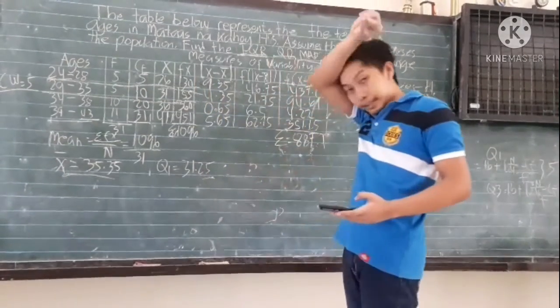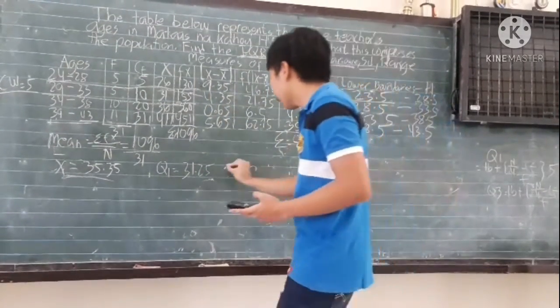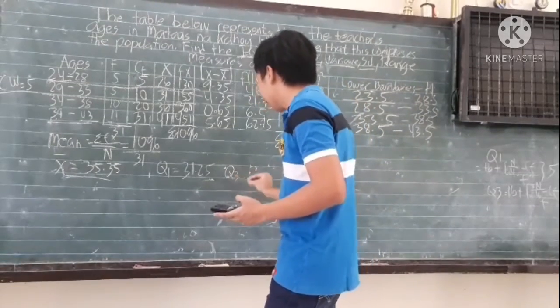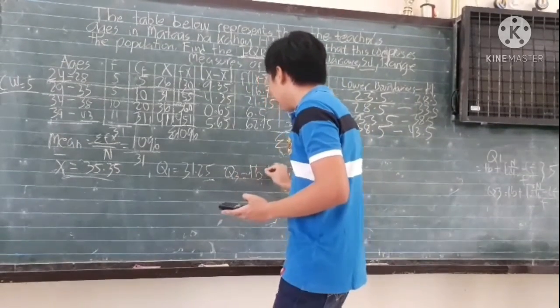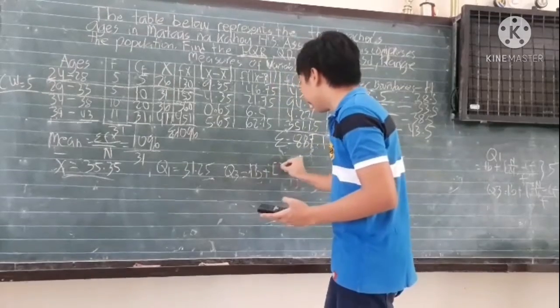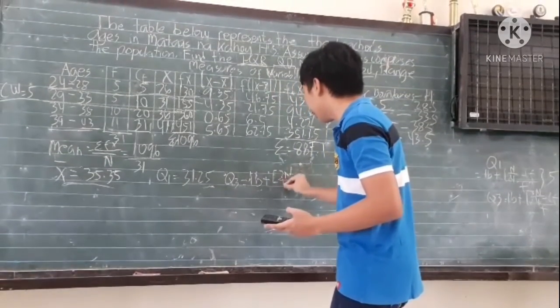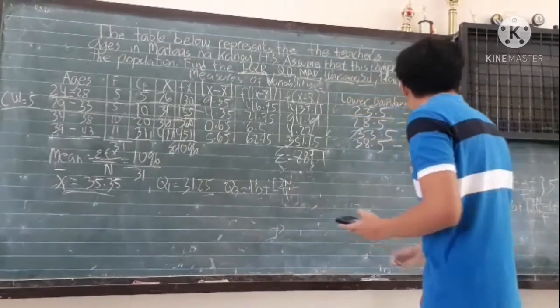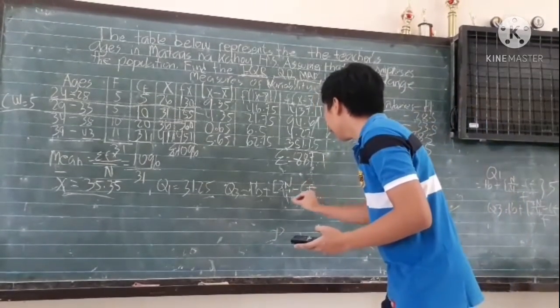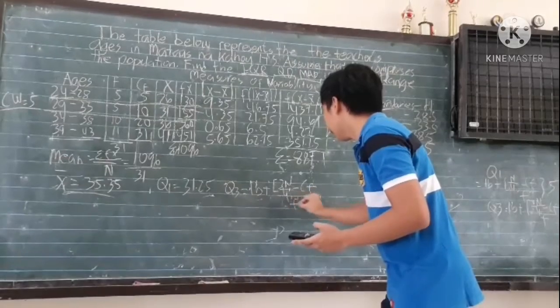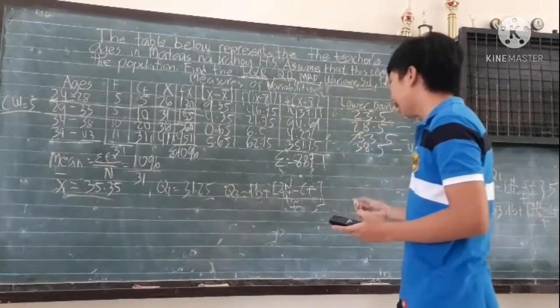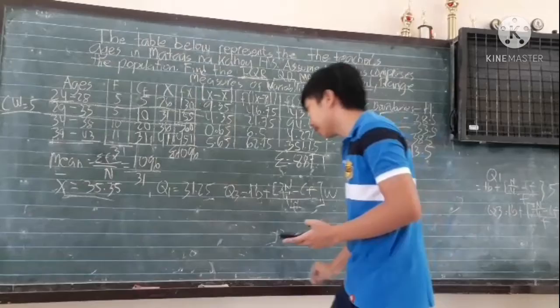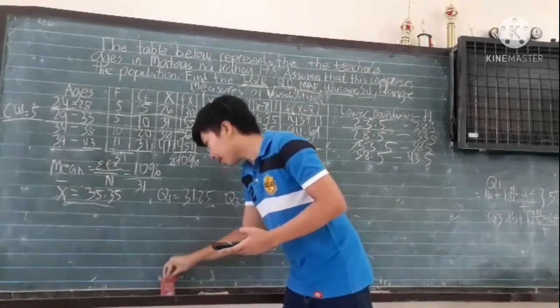So we need to find the quartile 3 next. It's the same formula, but different here. 3n over 4 minus the cumulative frequency before over the frequency of the quartile 3 class times the width. Sorry, my throat.